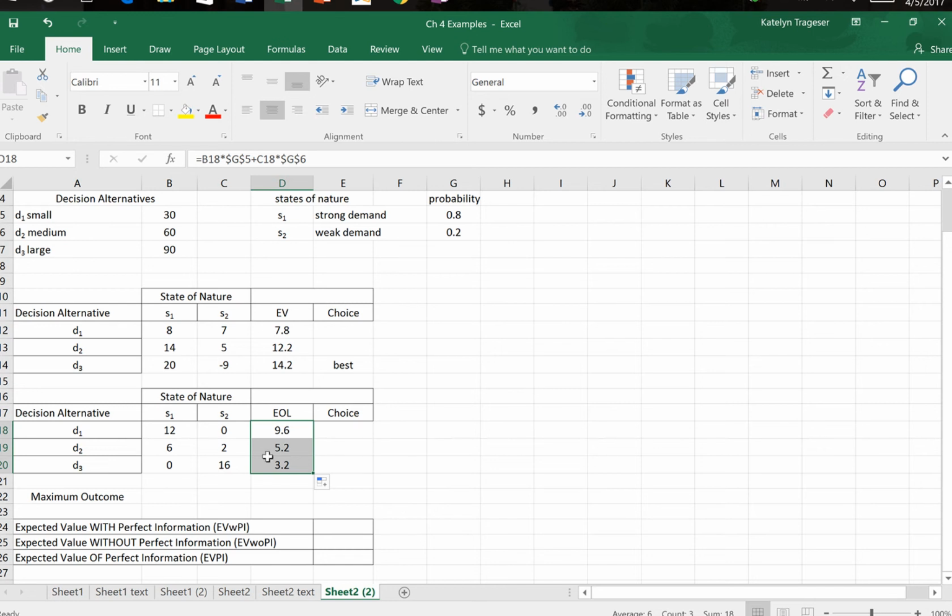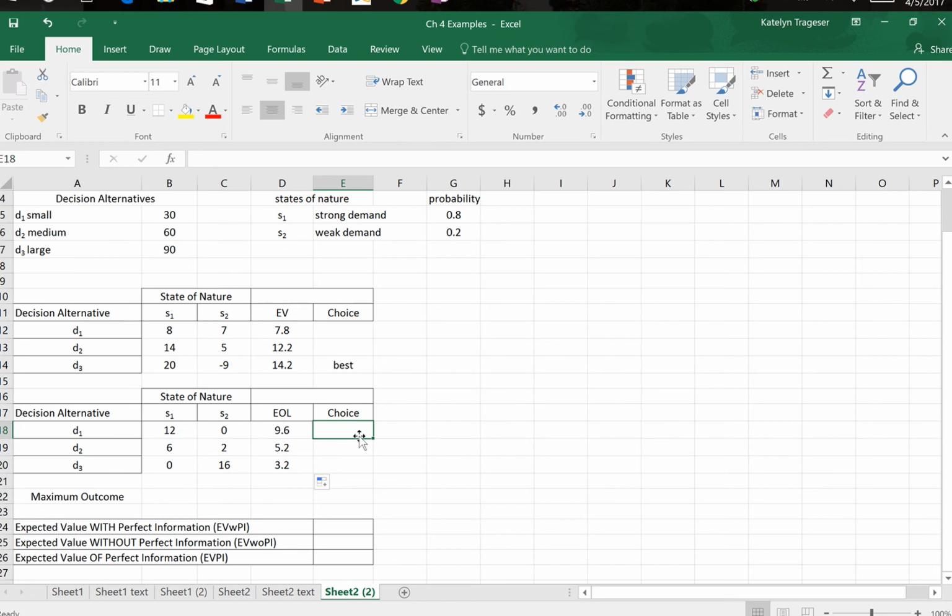Now, remember, this is basically the money that we could be missing out on. So we want to miss out on the least amount possible. We want to earn the most money possible. So here we're going to be looking for the least number.